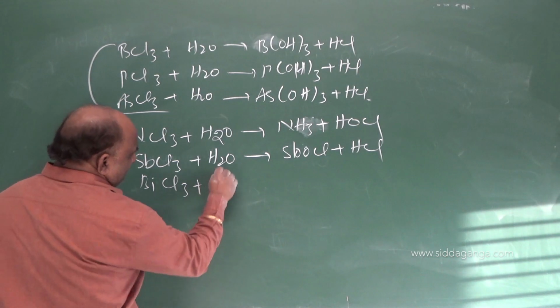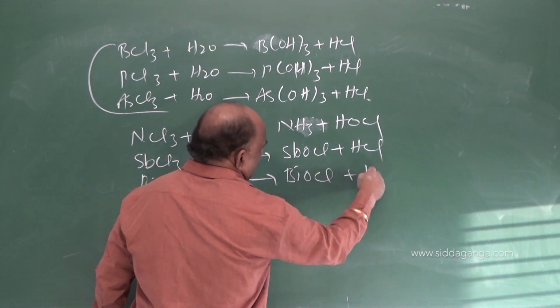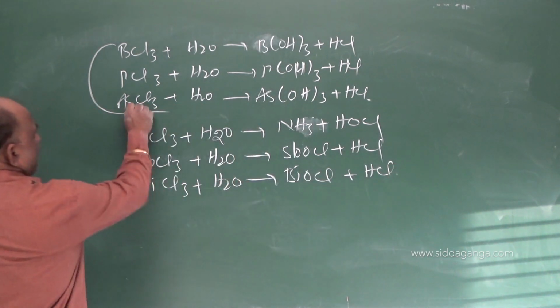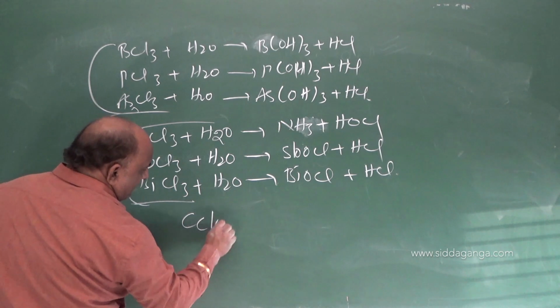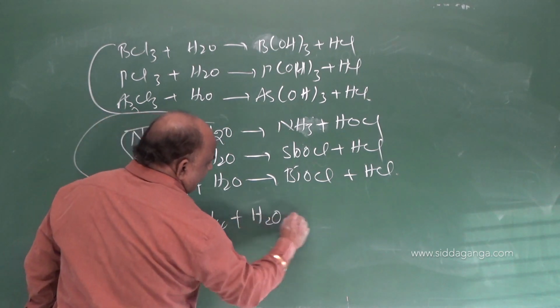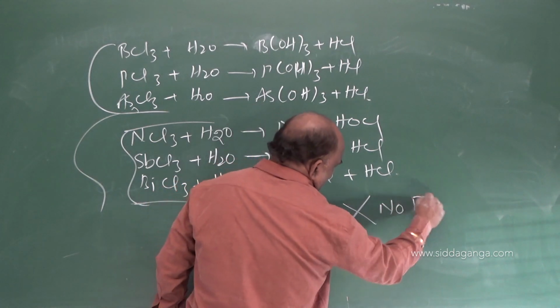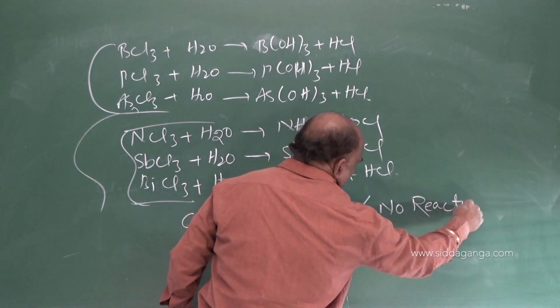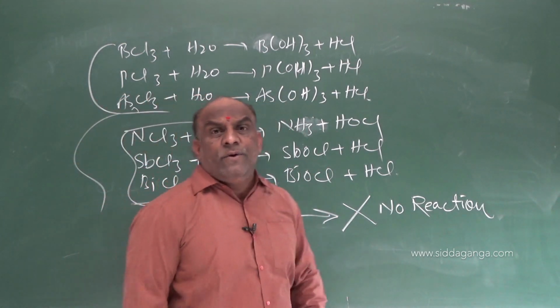BiCl3 plus H2O gives rise to BiOCl plus HCl. This is the second pattern. Coming to one more example, CCl4 plus H2O gives rise to, this is a very important point.